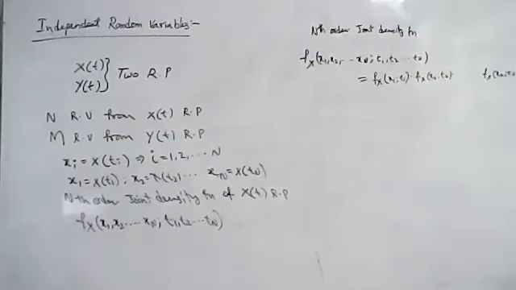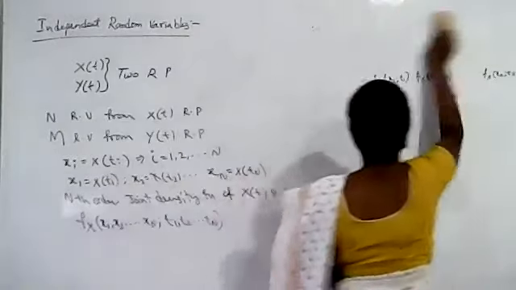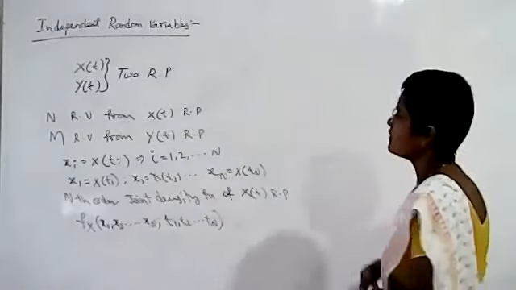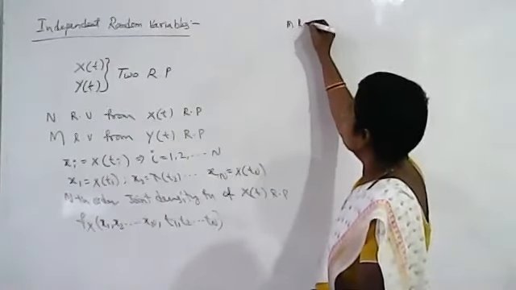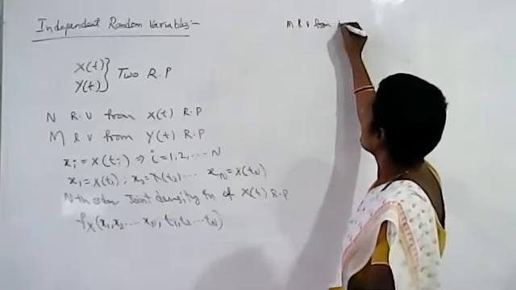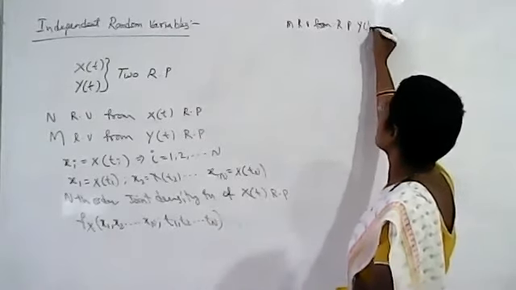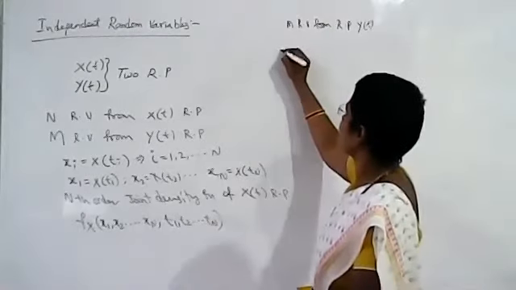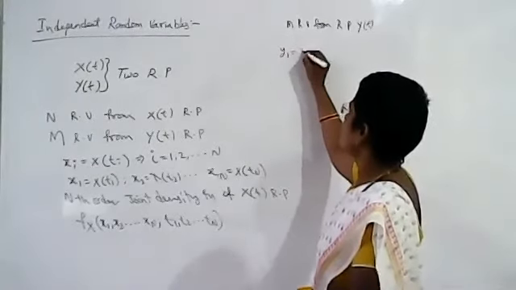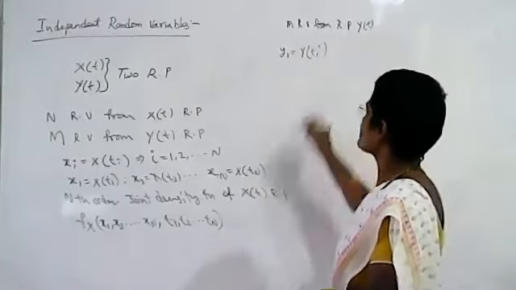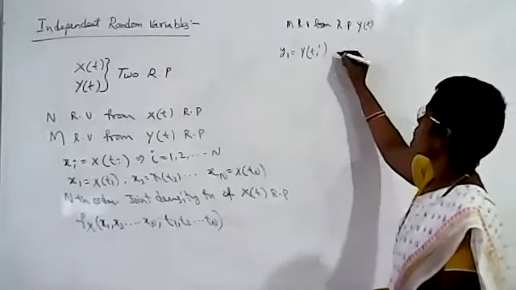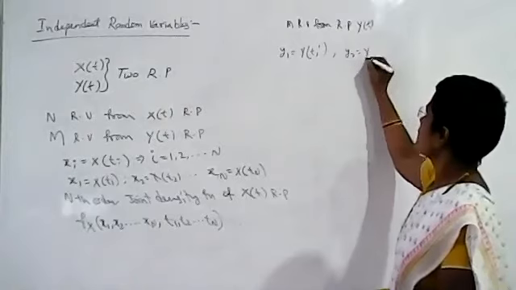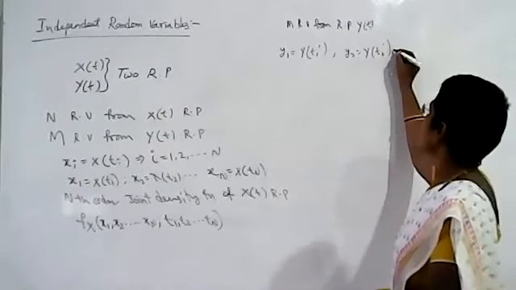Similarly, we are obtaining m random variables from the random process Y(t). What are the random variables we are obtaining here? Y1 is Y(t1'), at some other time instant t1'. Y2 is Y(t2'), and so on.